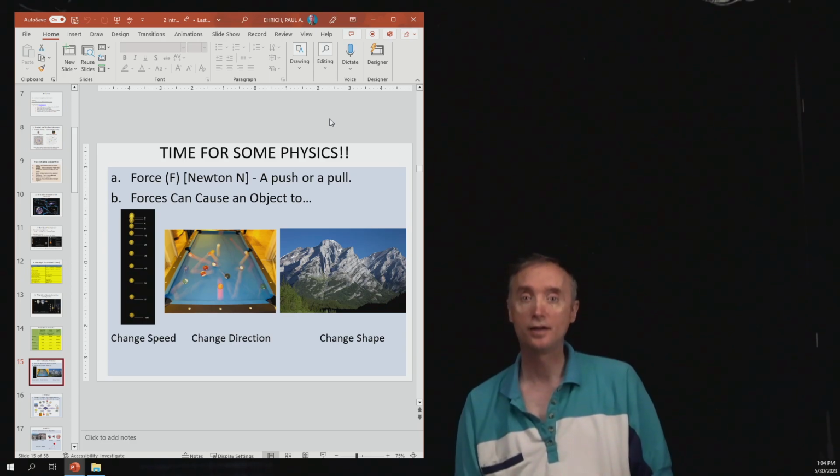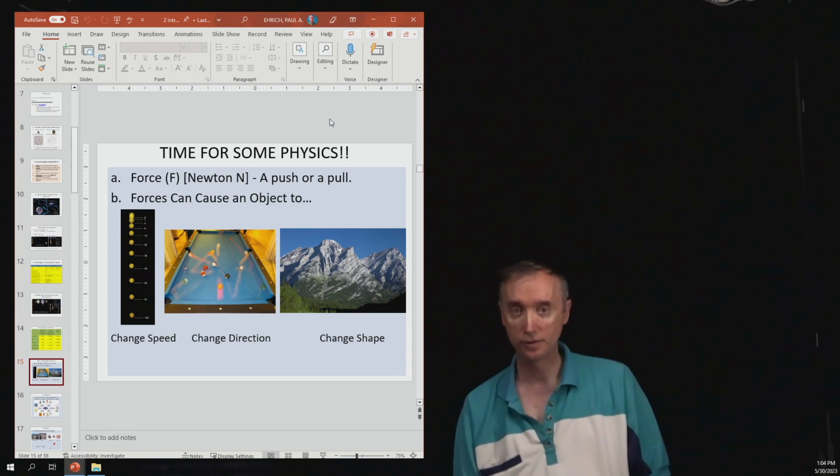Okay, next, time for some physics. You've got to know what a force is: a push or a pull. Its abbreviation is the letter F, and its unit is called the Newton, capital N. And what can forces do? Forces can change the speed of an object, which is another way of saying it can cause the object to accelerate.